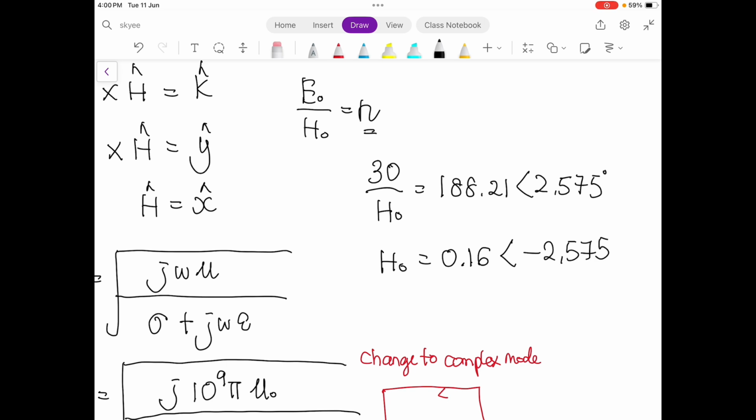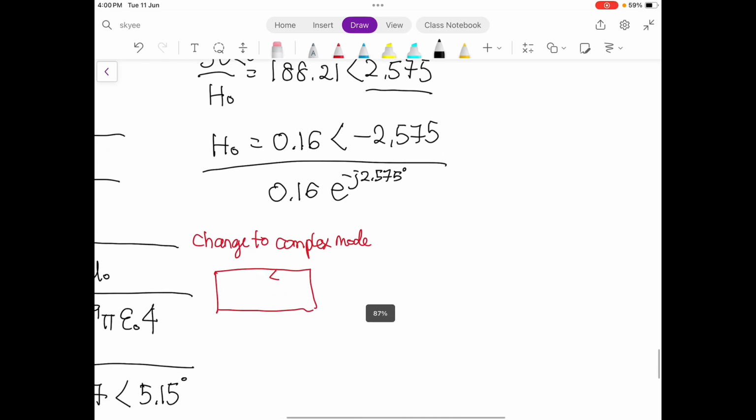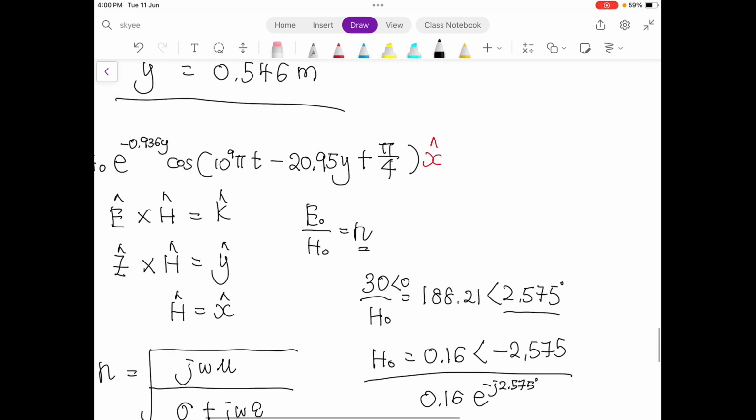Why minus? Because this one the angle is 0, 0 minus this one becomes negative. So you have this one. Or you can write it as 0.16 exponent negative j 2.575. This is degree.